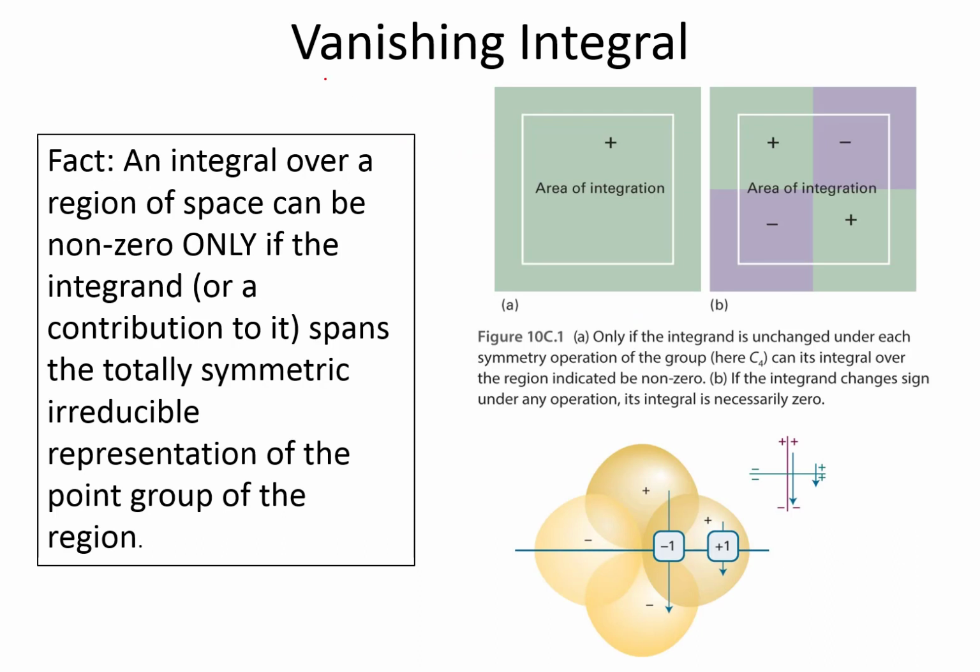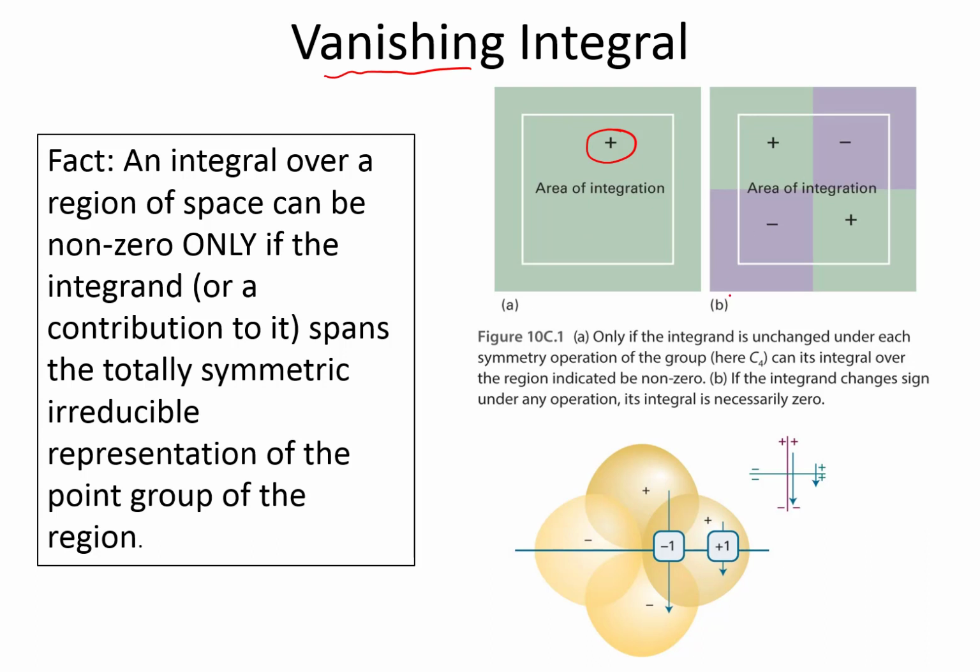So let's get into the details of how we should view these issues. First, we'd like to talk about the vanishing integral. The whole idea of a vanishing integral is that most of the time, when we integrate over all space, unless we've got perfect symmetry, we are going to see a zero-sum integral. You'll notice here on the left-hand side, if we were to integrate over this space, which all has a positive phase, we'll then have a real value, some number that's positive.